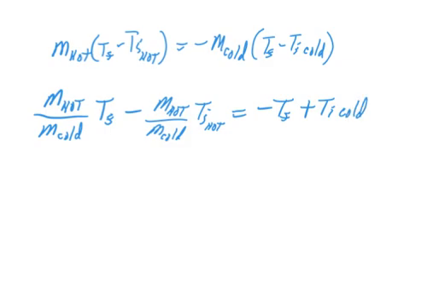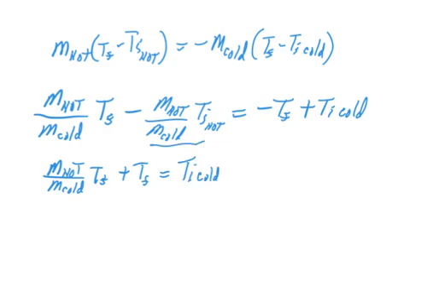All right, so hopefully you followed along with that algebra. Now I'm going to start combining like terms. I'm going to bring the T finals over to one side. So M of the hot over M of the cold, T final plus T final from the other side. And I'm going to get T initial cold.